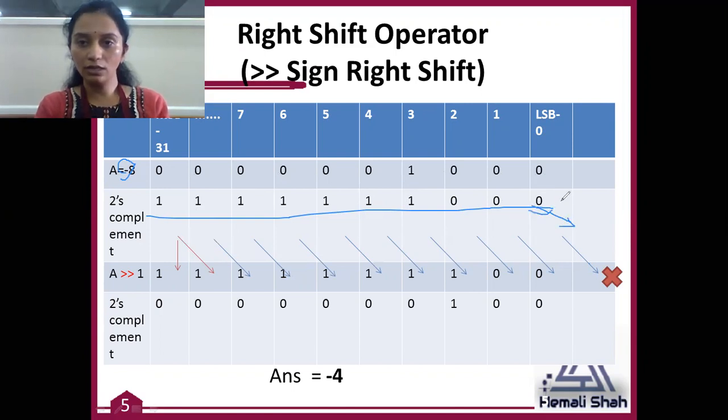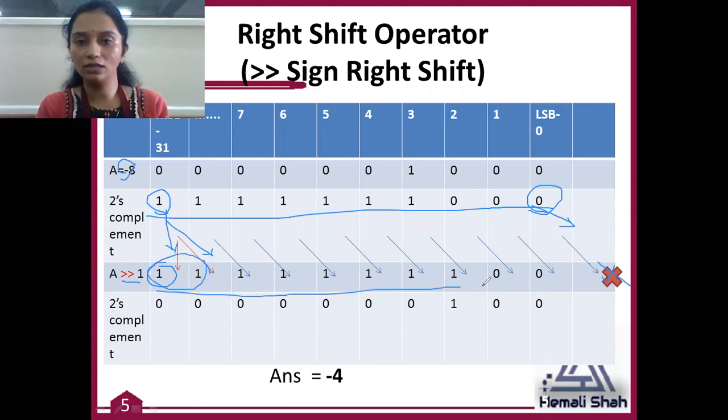The least significant bit is discarded, and the new bit is filled at the other end. What should we fill into the most significant bit when shifting all the bits right? You fill the most significant bit value over here as well as over here. So the overall 32-bit value becomes like this.